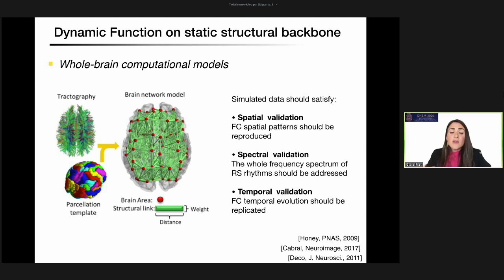So it is essential to incorporate the information about dynamic functional connectivity in the construction of the model, in order to simulate realistic functional signals and, more importantly, to investigate the real mechanisms of generation of functional dynamics from the underlying structure.